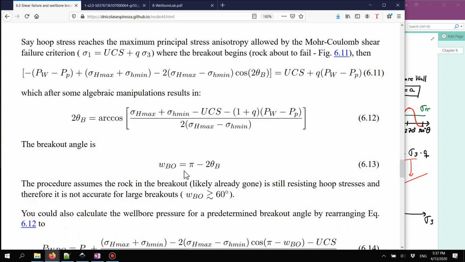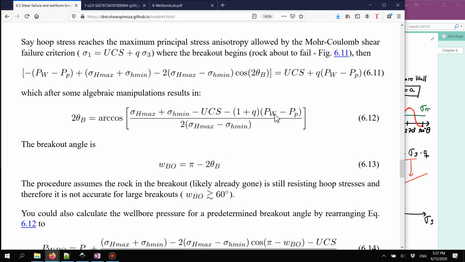So if I were to give you a wellbore pressure of a certain value, you could calculate the breakout angle that this wellbore pressure is going to result in.